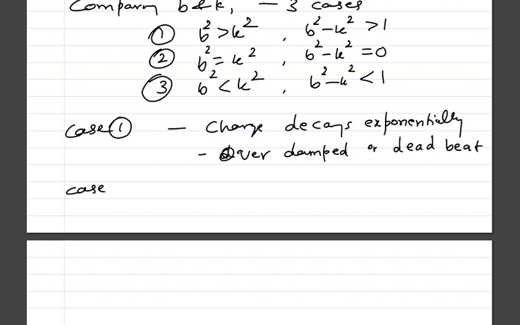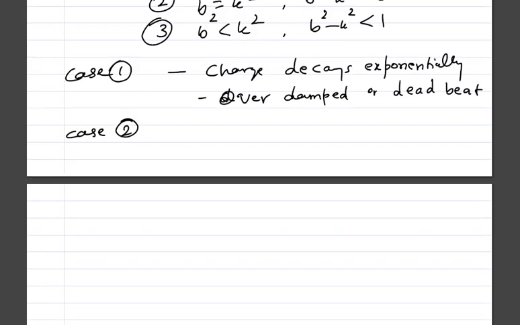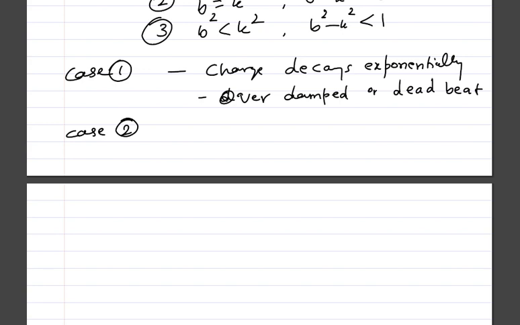Case 2, again not a serious issue. Then you get q is equal to q naught into 1 plus bt, into e to the power minus bt.